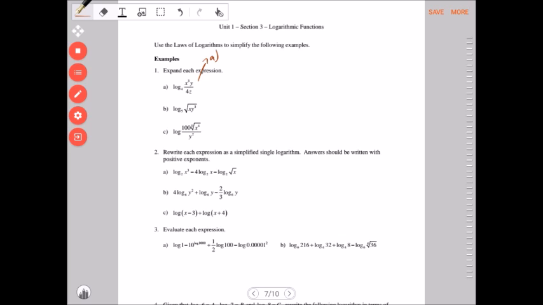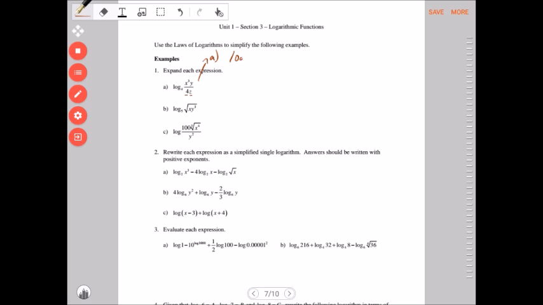But okay, so if I have log base 4, look, the x cubed and the y are multiplied, and the 4 and the z are multiplying each other, but they're both on the bottom. So when we separate these, we're going to separate them into minus logs each.